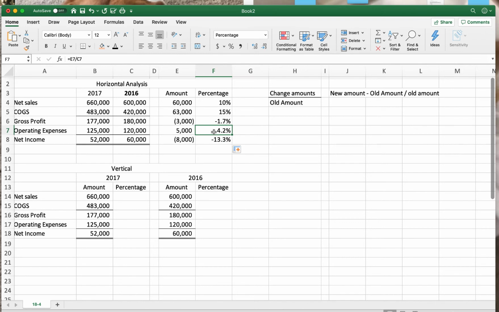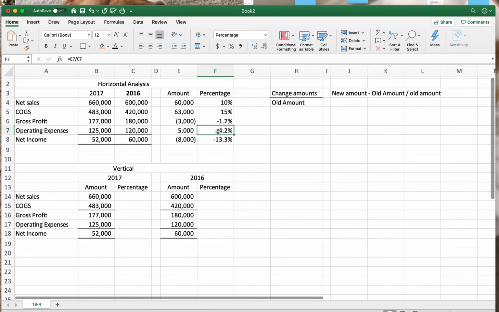We figured out the percentage change in operating expenses. It's 4.2%. How did I do that? Well, we can look right up here and see that I went to E7, which is the amount, and I divided by the amount that's in C7, okay?